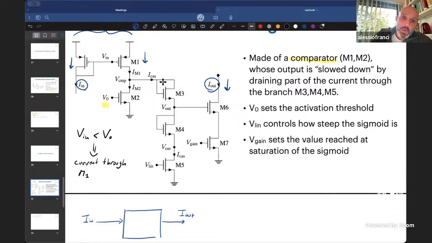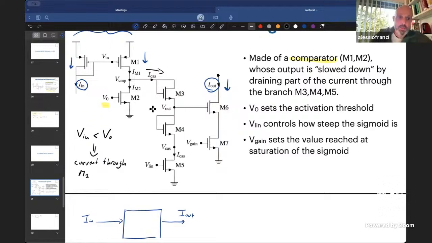But this is not the case because you have this series of diode-connected transistors that we saw last week that basically steal some of the current, and instead of letting it flow down here, make it go toward this branch up there.